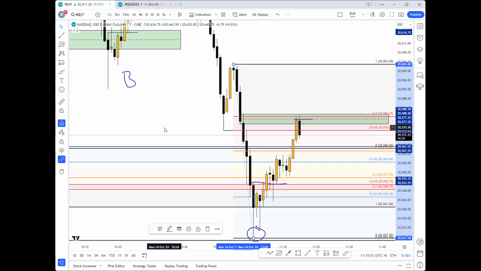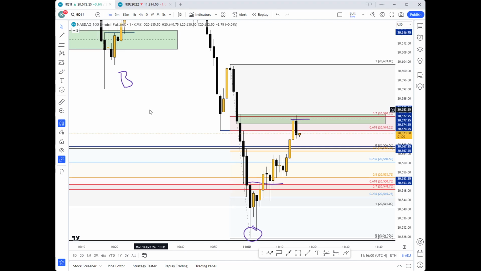Right? So now you're looking for confirmation of trading below this low here. Ideally with the body closure, which would at minimum take you back down to this.